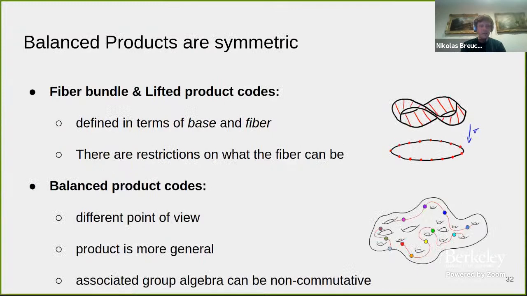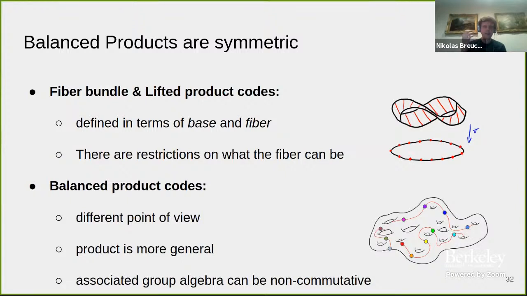Okay, the last point I want to make is that we have these 3 examples of products. However, the balanced product is a bit different in the sense that it's somewhat more general, in that the fiber is not restricted to be a circle or a torus, as is the case for the other constructions.